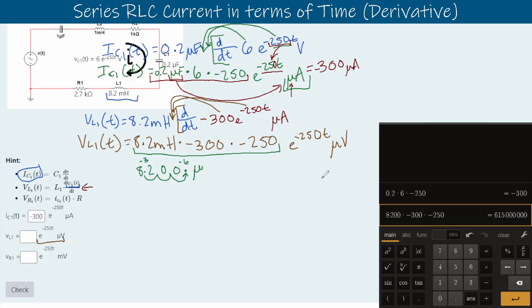That doesn't seem right. We'll plug in the full thing here. So let's write in 8.2 millihenries. We want to move that into range. And so we'll say 0.0082 multiplied by negative 300 multiplied by negative 250.